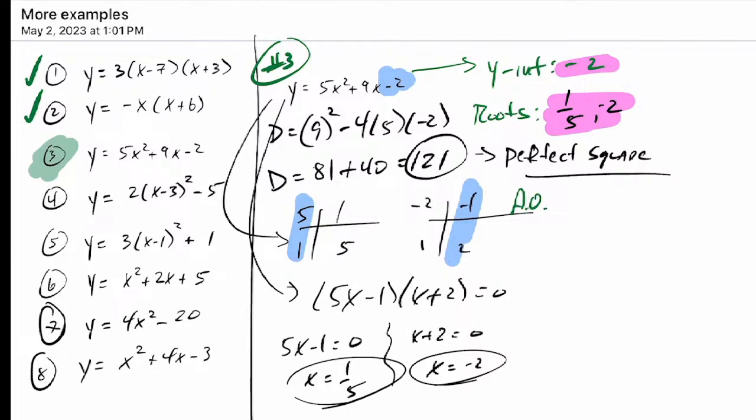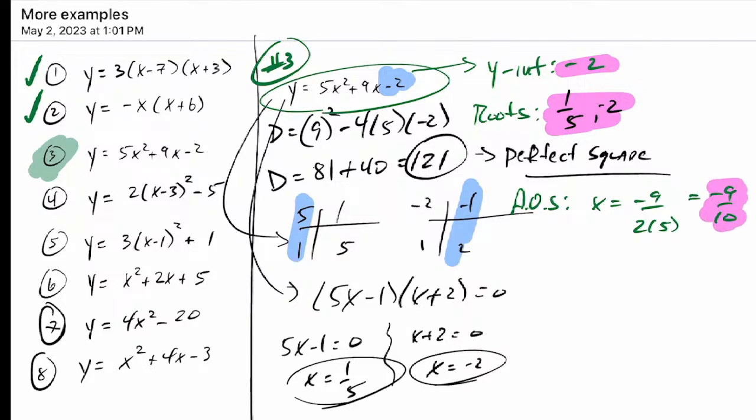For your axis of symmetry here, it's in standard form, so go right to x is -b over 2a, which is -9 over 10. So I have my axis of symmetry. If I want to find the y coordinate, I have to sub this back in. Now, this is going to get a little messy.